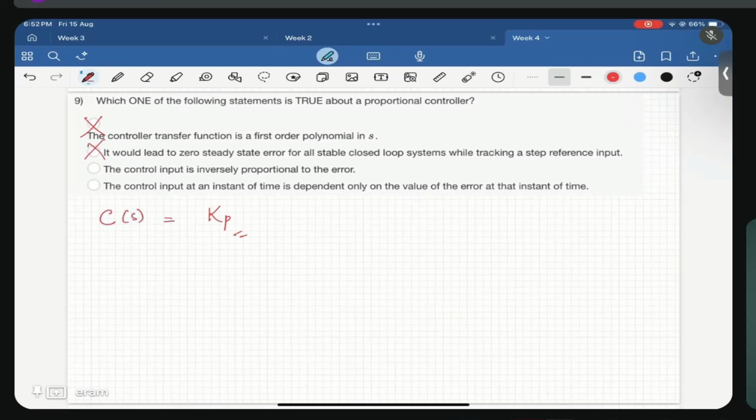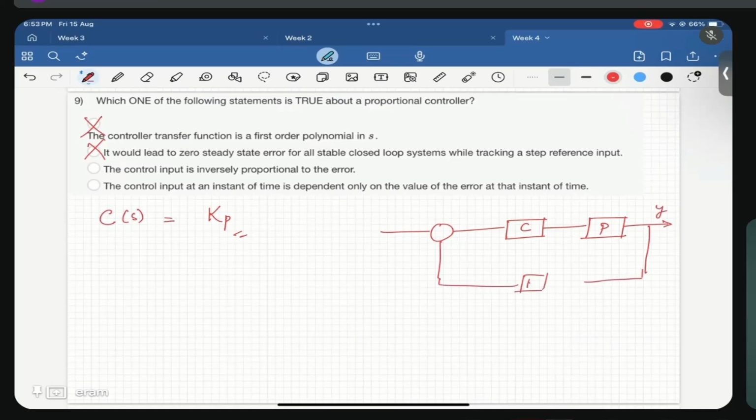The third one is control input is inversely proportional to the error. Is there an inverse relation with the error? If we consider the closed loop system, this is the controller block, this is the plant, here is the output y, and there is a feedback h.